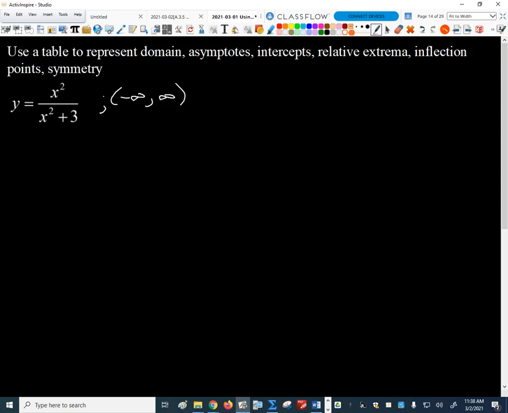Wow, you got it. It's even. Okay, how come it's even? Daisy, why is it even? Because if you plug in a negative and you square it, it's going to be positive. Okay, good. So if I substitute negative x into the function, nothing changes, right?